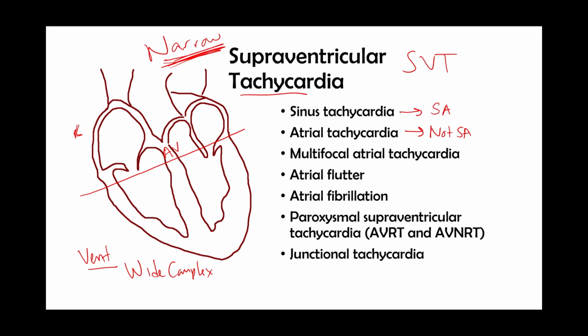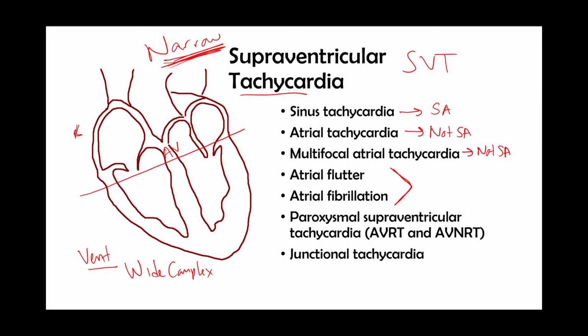If atrial tachycardia is resulting from many different parts of the atria, we call it MAT or multifocal atrial tachycardia. Similarly, this is not conduction through the SA node, but rather from ectopic foci within the atria. Atrial flutter and atrial fibrillation also result from abnormal disease of the atria or the vessels around it.